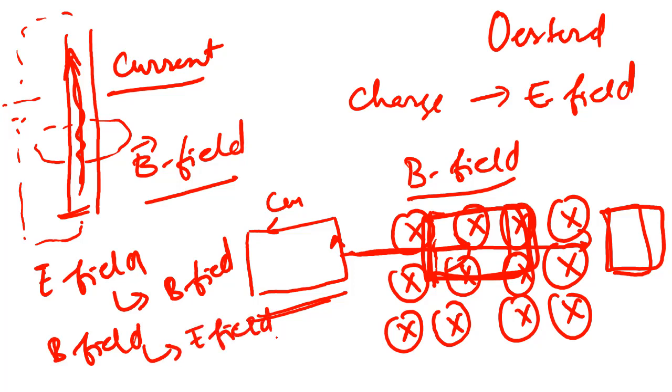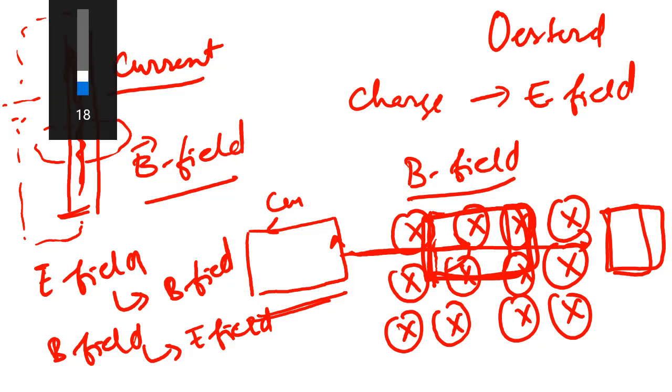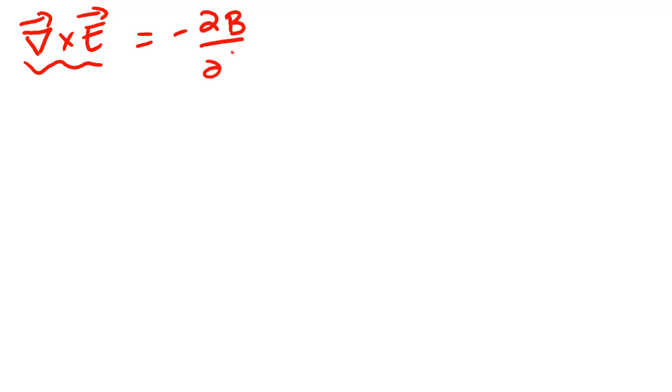So the next two Maxwell's equations are essentially relating how a change in E field leads to a B field, and vice versa. To write the differential form, it would be curl of E. This is telling you the spatial variation in the electric field gives rise to a time varying magnetic field.